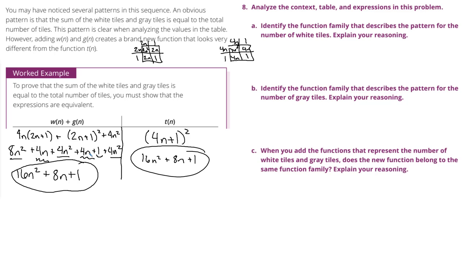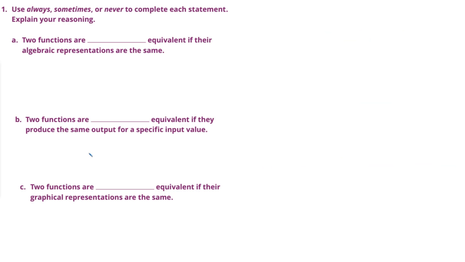So now let's look at the function families that describe the patterns for each of the tiles. So we had quadratic for each of the white tiles. Same thing for our gray tiles. And when we added the white and gray tiles, it still belonged to a quadratic family. So always, sometimes, or never to complete each statement. Two functions are always, sometimes, or never equivalent if their algebraic representations are the same.